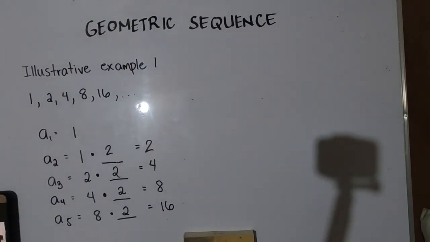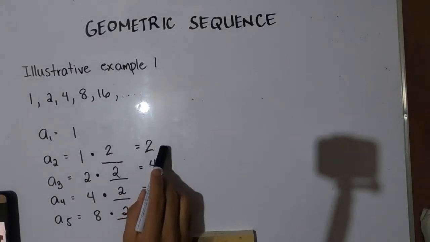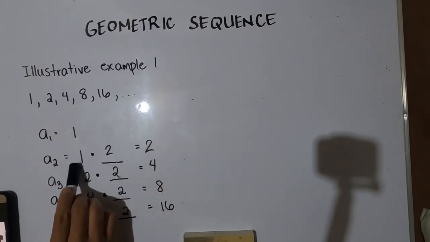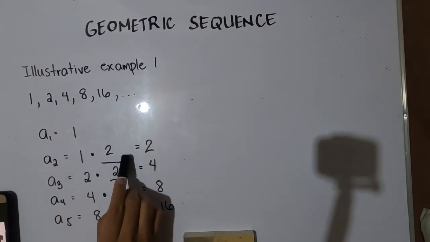If you're going to take the ratio of two consecutive terms, any two consecutive terms, you will notice that the ratio remains constant. For example, the second term 2 divided by the first term 1 is 2.